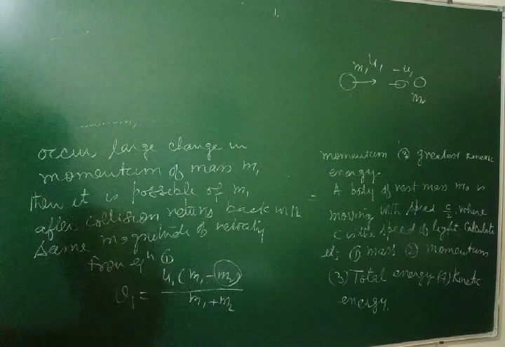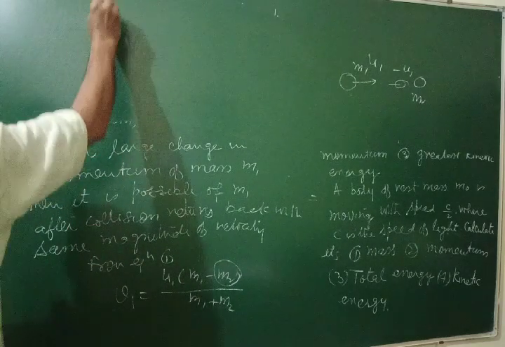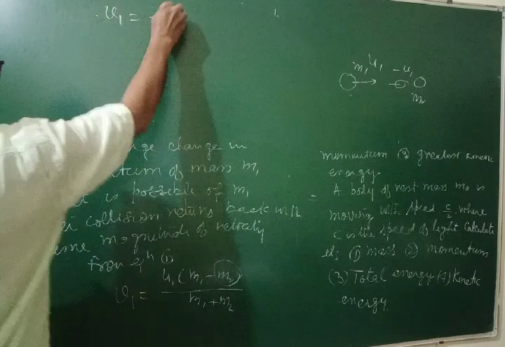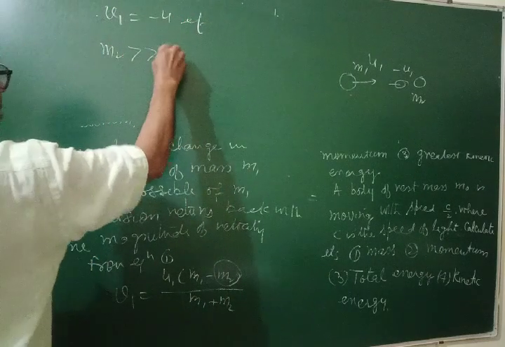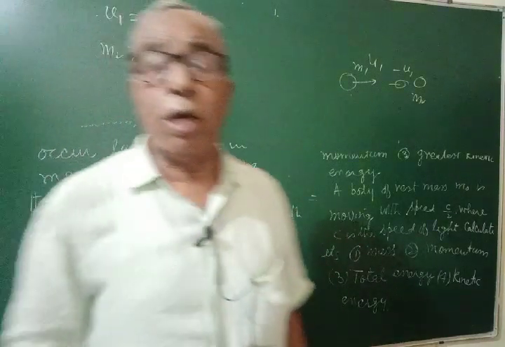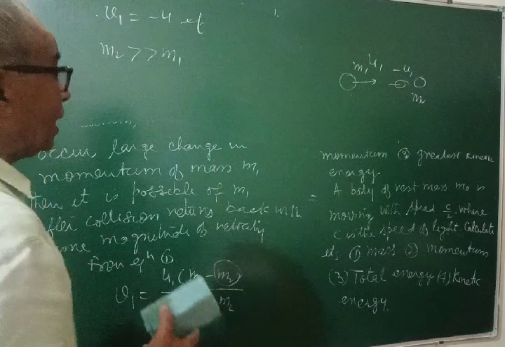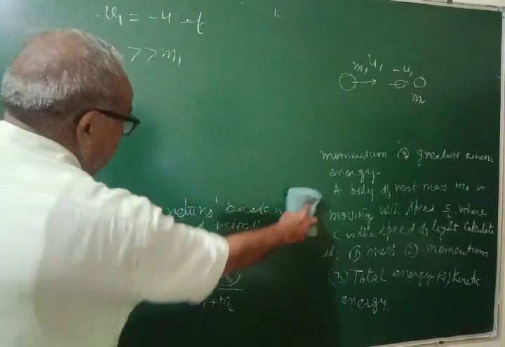From this equation, v1 is equal to minus u1 if m2 is much greater than m1. So to recoil mass m2 with greatest speed, greater momentum, m2 should be large.